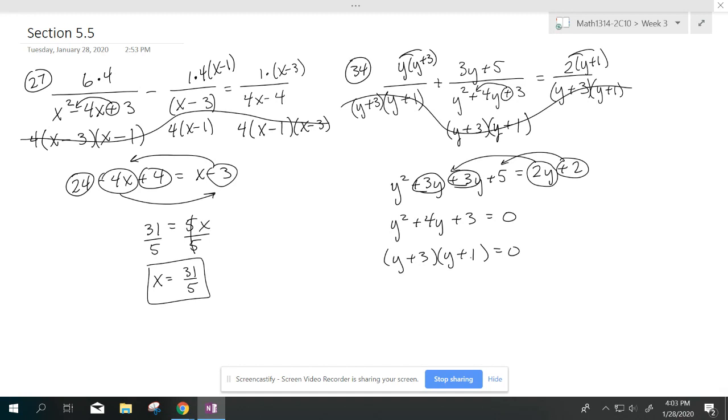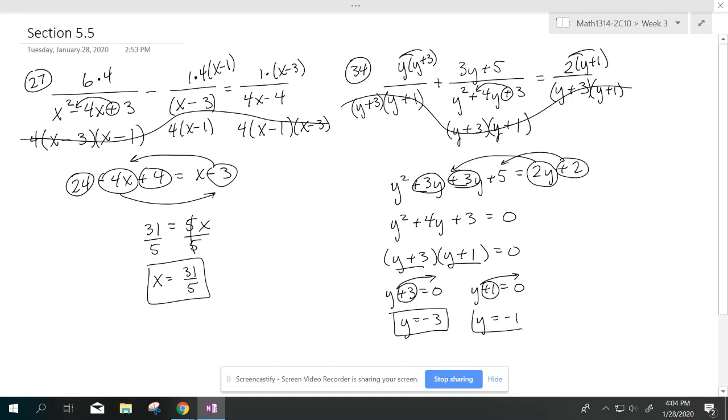And the difference now is, since it's equal to 0, I can now set each factor equal to 0. And moving the 3 over, y is negative 3. Moving the 1 over, y is negative 1.